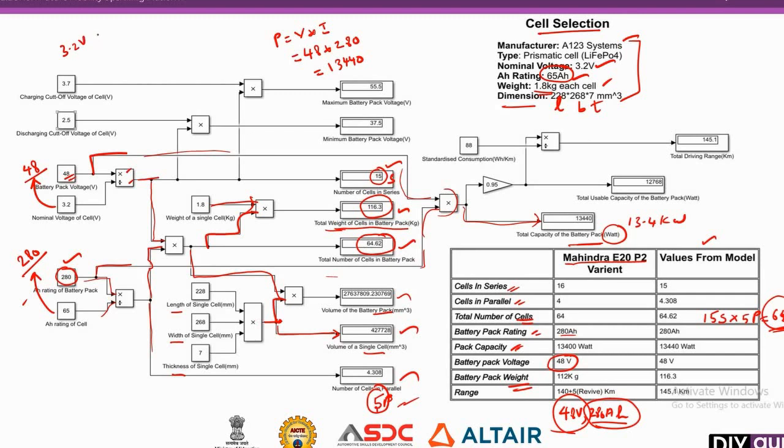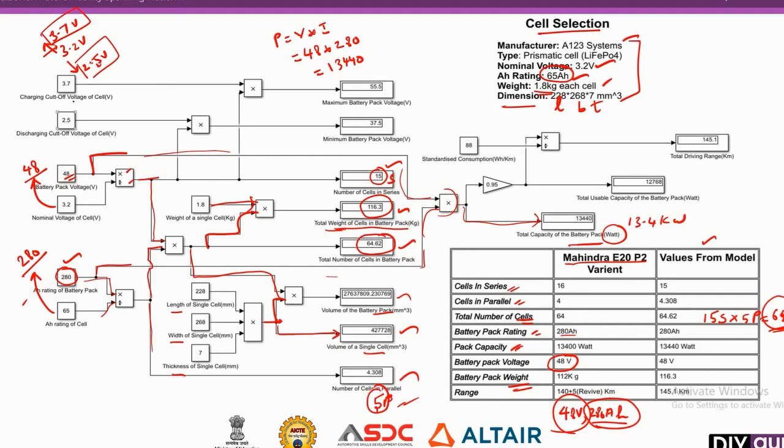But your cell can charge up to 3.7 volt according to the specification of the manufacturer. Also it can discharge down to 2.5 volt. This is the discharging cutoff voltage and this is the charging cutoff voltage, and 3.2 is the operating voltage.